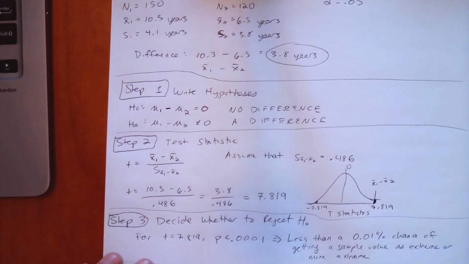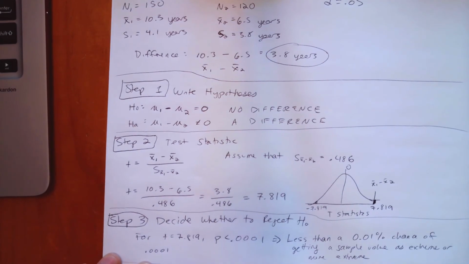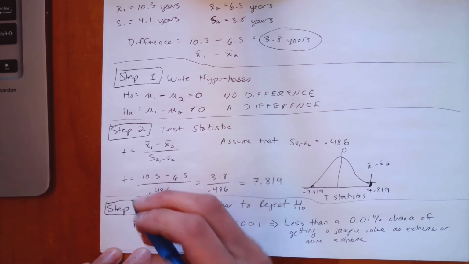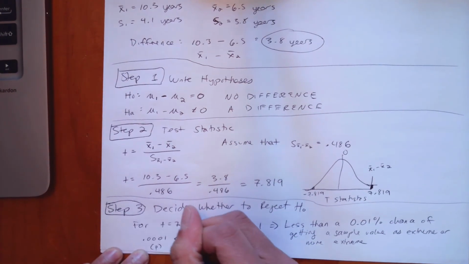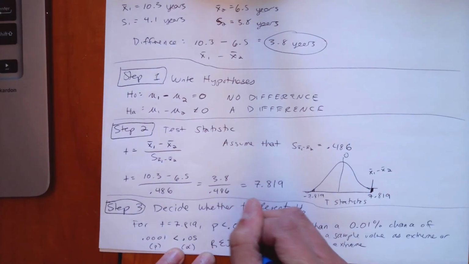So our p-value here, which is even less than 0.0001, it's so small that the computer doesn't bother to spit out what it is. It's definitely less than our alpha level of 0.05. So we easily reject the null hypothesis.